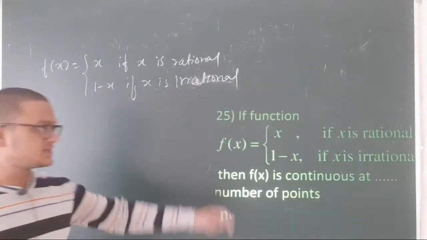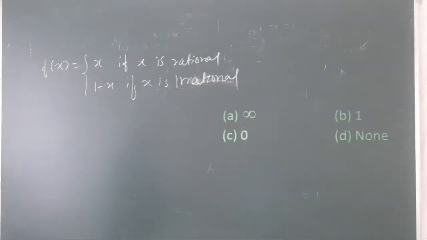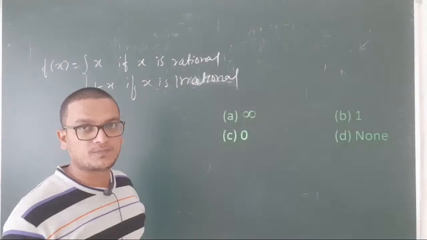Then f of x is continuous at dash number of points: infinity, 1, 0, none of the above.